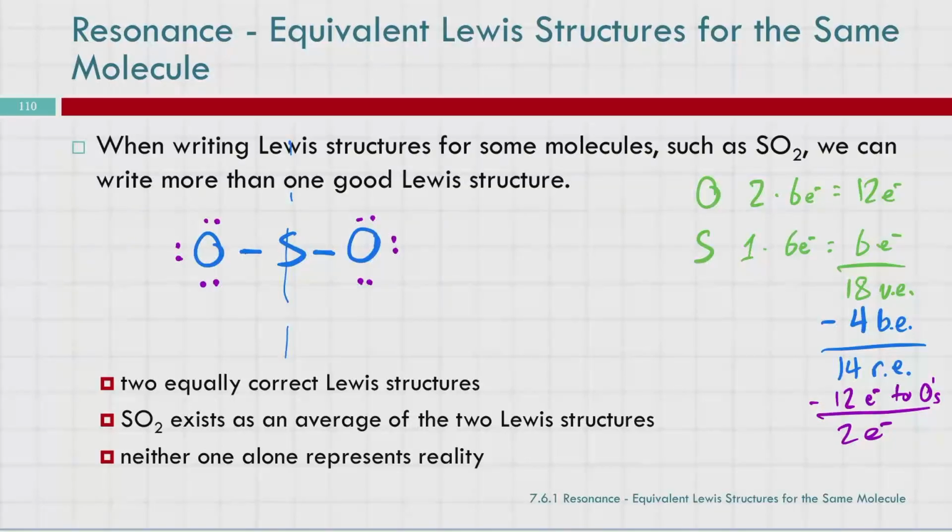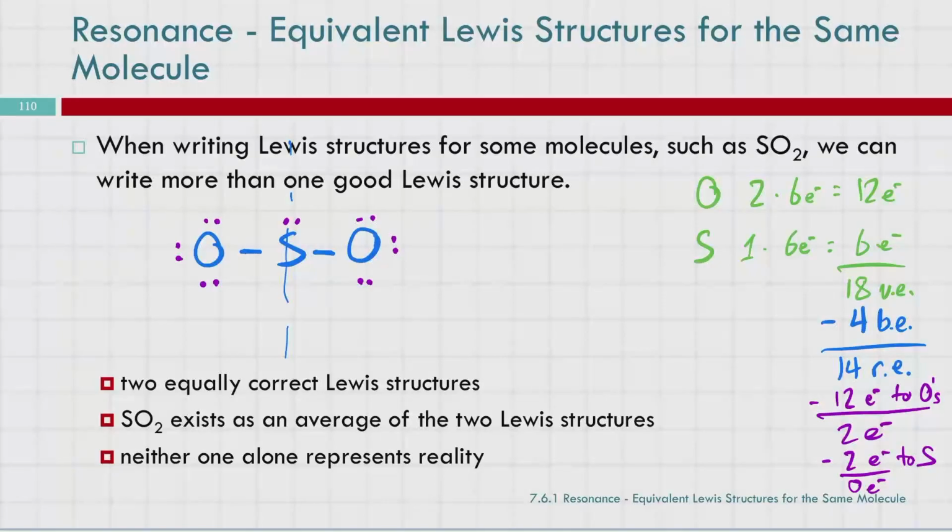Where can we put those last 2 electrons? What doesn't have a full octet? Sulfur doesn't have a full octet. Sulfur has 2 bonds for 4 electrons, so it can hold those last 2 electrons. And now we've got no electrons left.